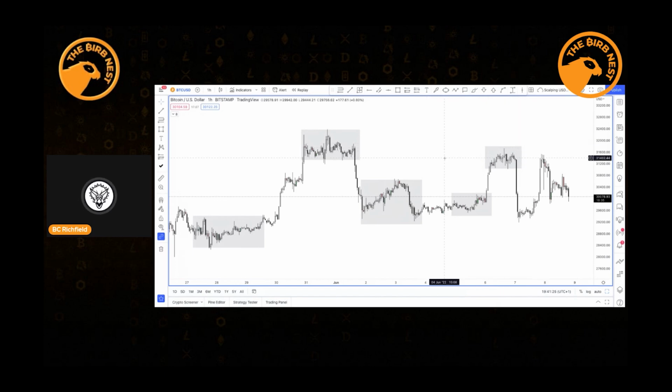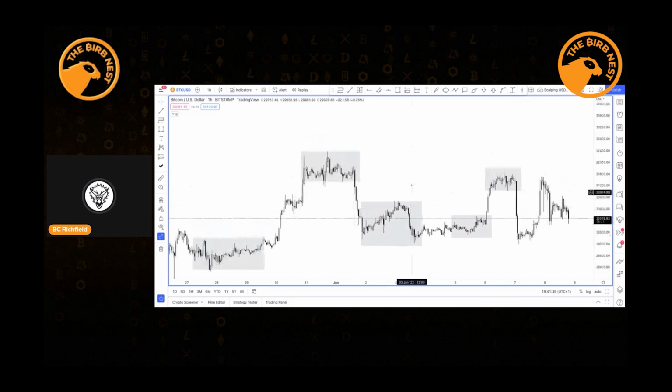Even on this time frame, on the hourly chart, what is it that we're looking for to confirm a trend reversal? We're looking for market structure breaks.